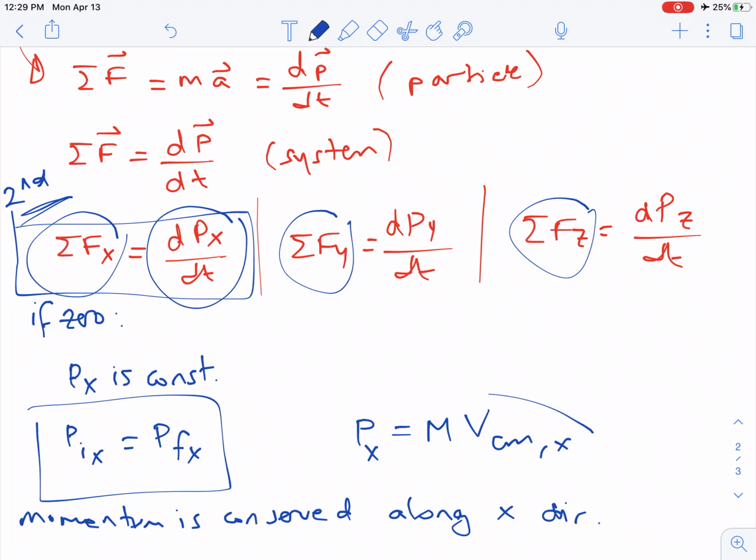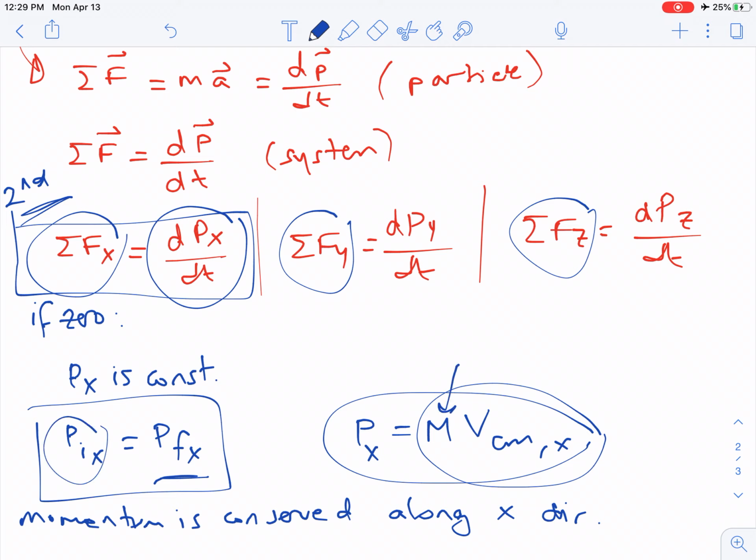So you're going to write this for the initial case and also the final case. If you know that the object is in 3 pieces in the final case, then you have 3 terms on the right side here, using this definition. And initially, if it was 1 piece, then you have only 1 term, so you're going to write those things differently, and the mass also changes if it splits into 3.